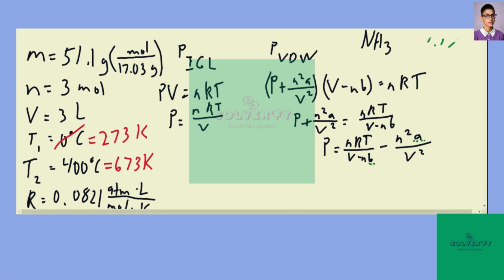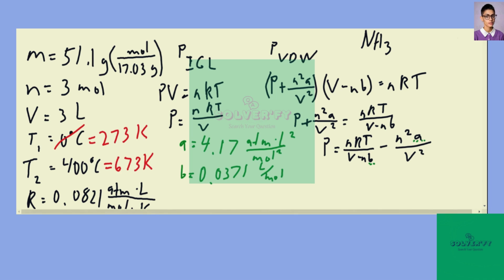A is going to equal 4.17 atmosphere liters squared over moles squared. And for b, it is going to be 0.0371 liters per mole. Okay, so with all that info, we can find the pressures.